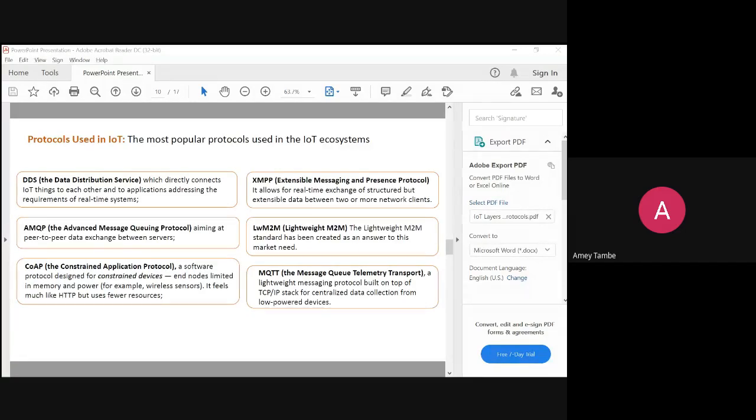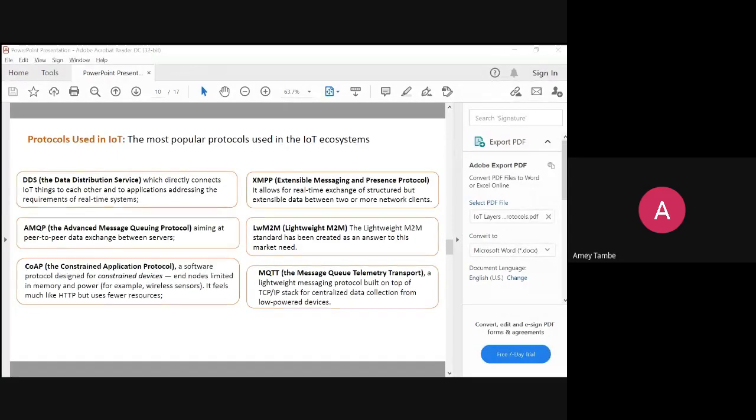MQTT also works on TCP/IP, so you can have specifically designed reliable communication networks to resolve your problem, with chip level power supplies, or you can have your objects onto a network where they can be well connected.